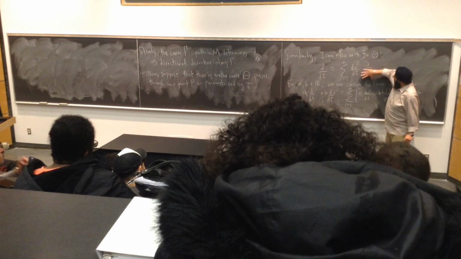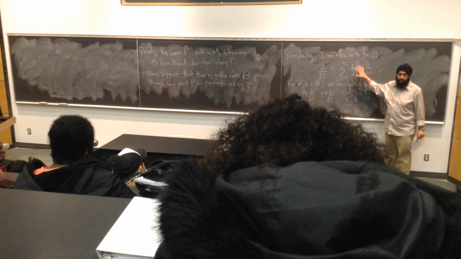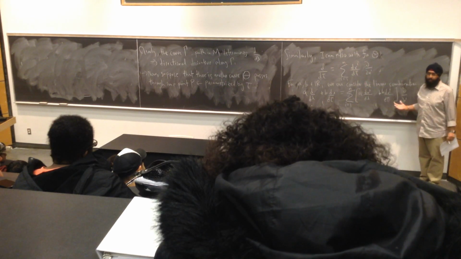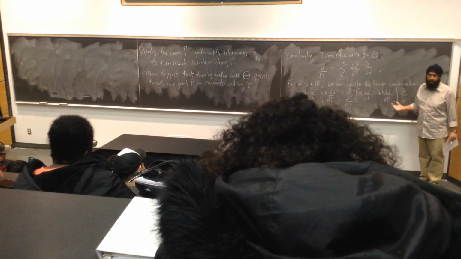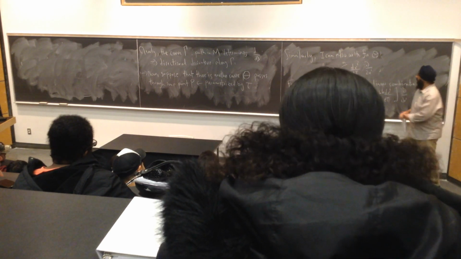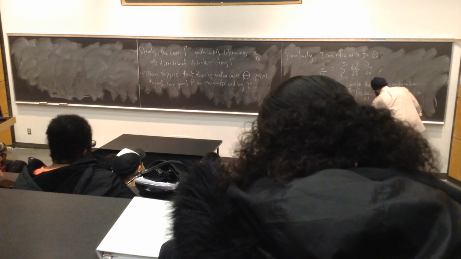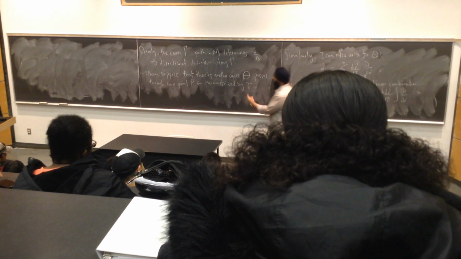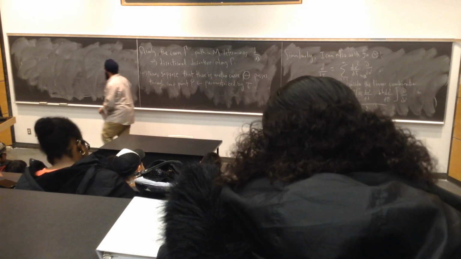The coefficients of this are just numbers. dx^i by d tau is just a number. This is just a number. You see that? These are just numbers. And what I wrote before, that coefficient was just a number.